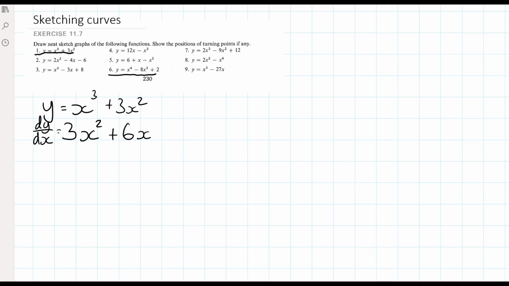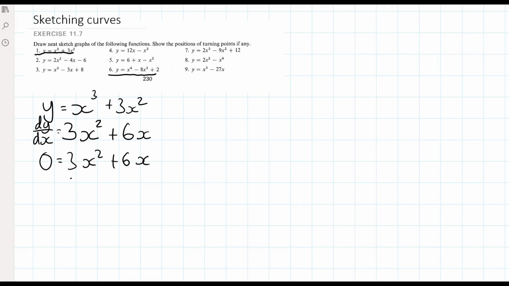When I want to find out when it's a stationary point or a turning point, I look for a 0 gradient. So I set that equal to 0, and I go 0 equals 3x squared plus 6x. Then I solve it by factorizing, because I want to think of two things that will times together to give me my 0.